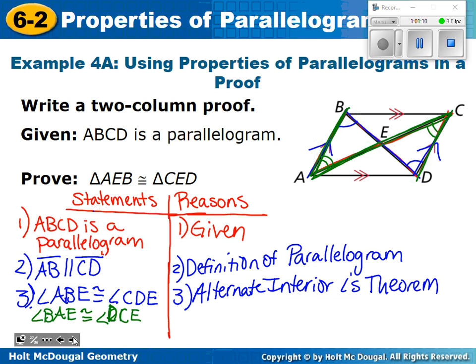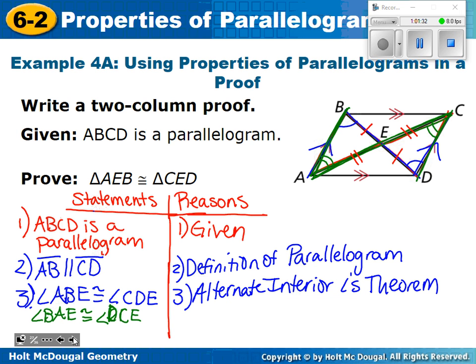She said we could do diagonals bisect each other. So we could say this side's congruent to this side, and that would give us angle, angle, side, which would work. Or we could say this side's congruent to this side, which would give us angle, angle, side, which would work.